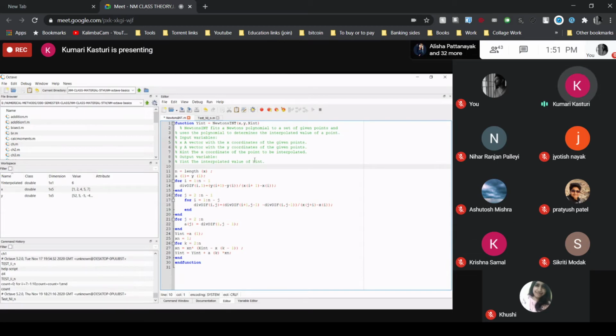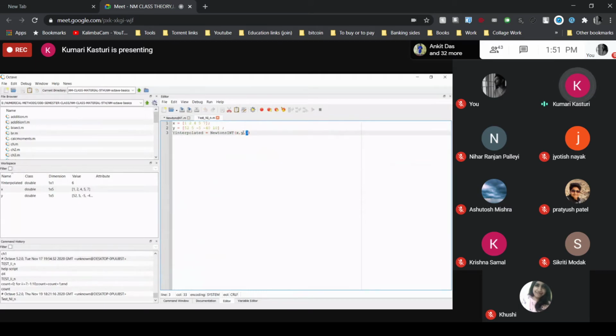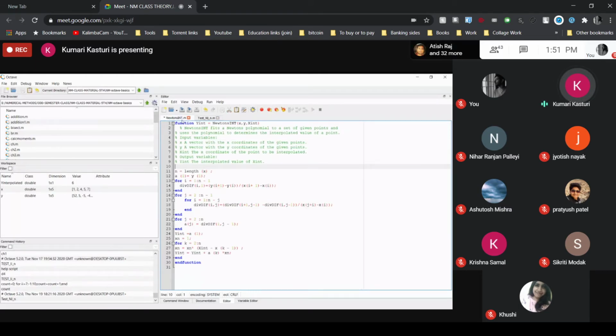In the Lagrange, you are creating one variable, x val, of 4001 points. In that x val, you have to calculate every polynomial value, that is y. Same thing you have to do here. You have taken a single value, you have to change that to a vector. Then after that, run your code and do the needful modification.